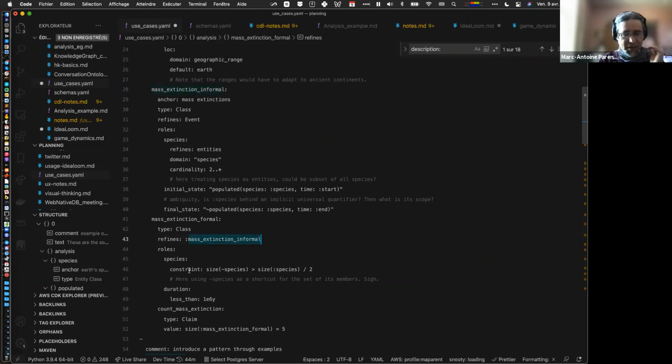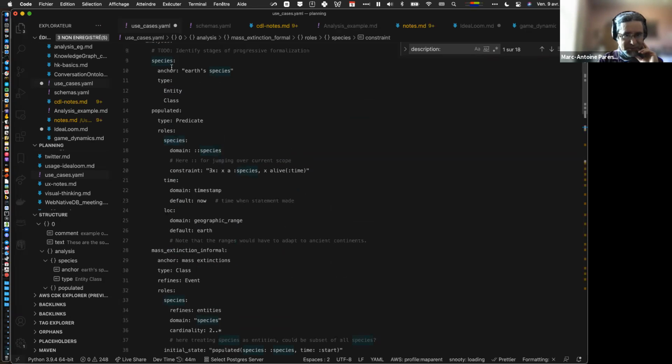We're saying the number of species in that extinction, the parameter of the extinction, is more than half of all species under the species definition in general.